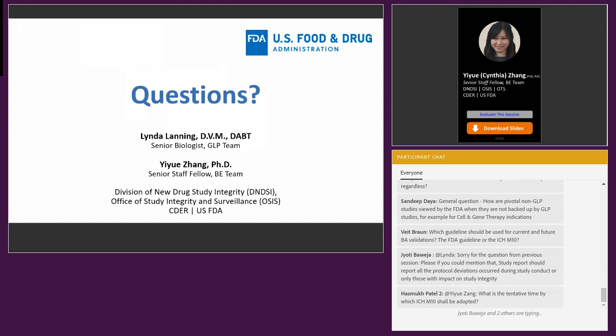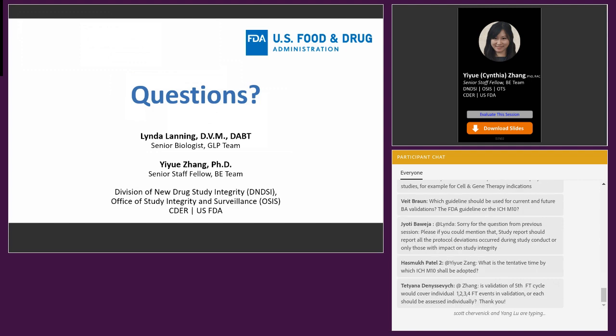There's also a question asking: if hemolysis is not observed for the study samples, is there any need to establish the hemolysis effect? I think that's a great question, and I would refer you to the latest version of the bioanalytical method validation guidance document, which was published in May of 2018. Ideally, as mentioned before, the method validation should mimic the sample conditions during sample analysis.